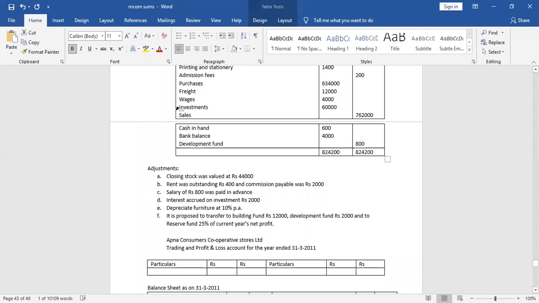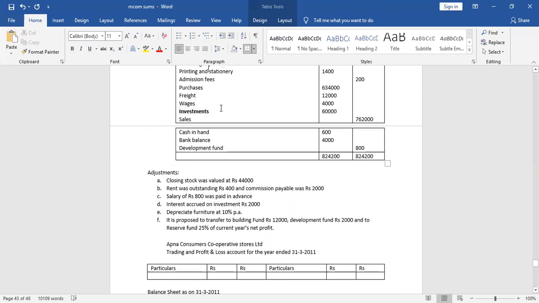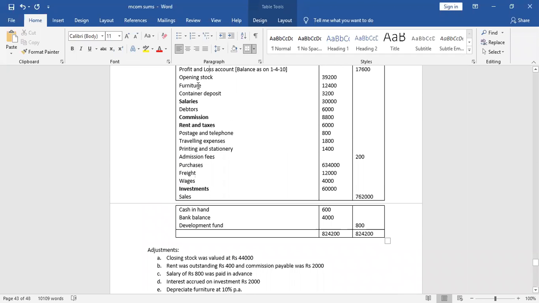Let me highlight the investment because it has an adjustment. Then depreciate furniture at what percent? 10%. So furniture also has an adjustment.